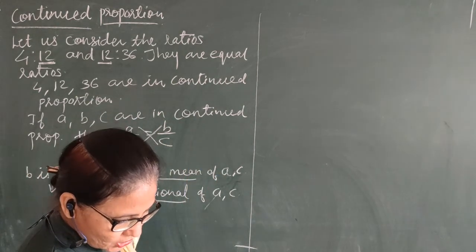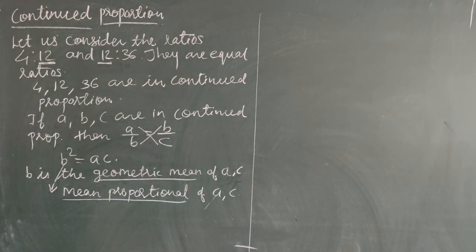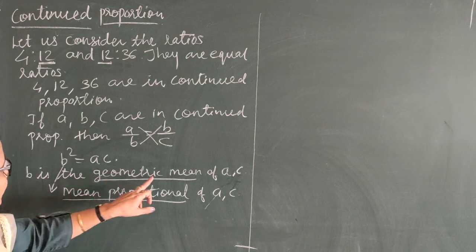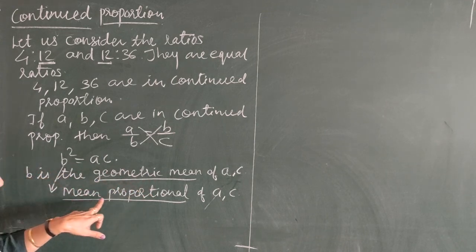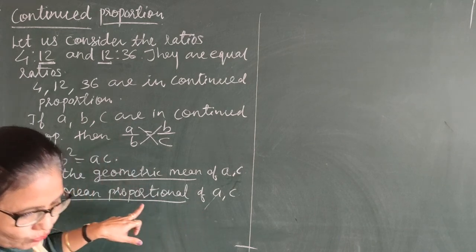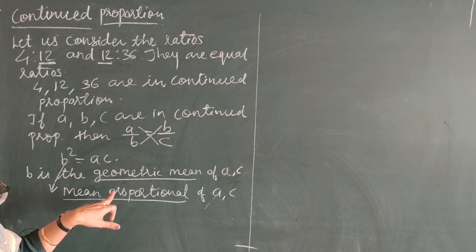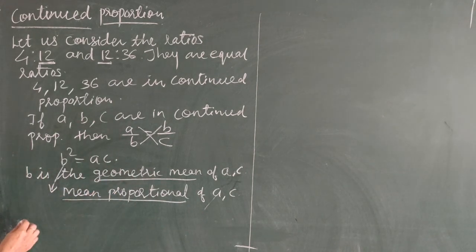Now see children, as we have said that B is the geometric mean of A and C, or B is the mean proportional of A and C, we can generalize this concept of continued proportion. What does it mean? How can we generalize it?